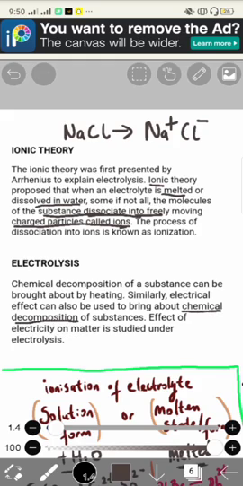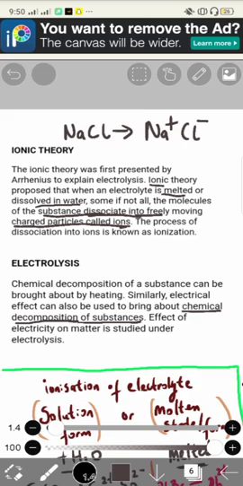The way I would like to define electrolysis is that electrolysis is the chemical decomposition of substances.